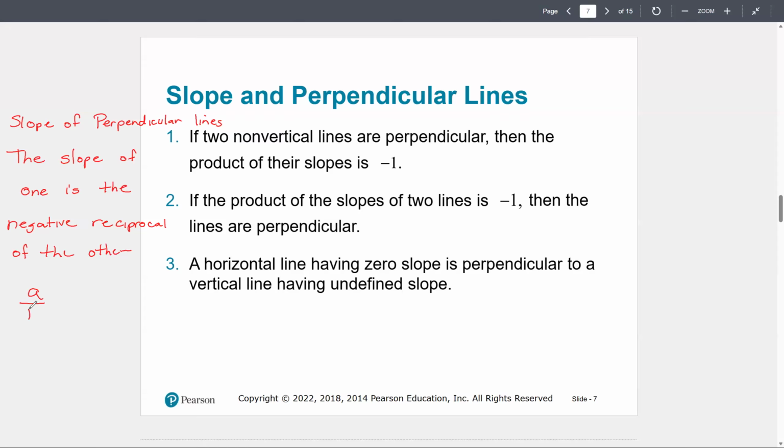Meaning one is going to be a/b and the other is negative b/a. So that's where we get the product.